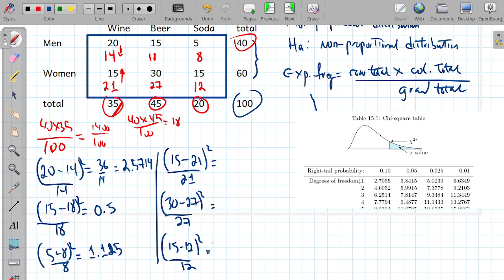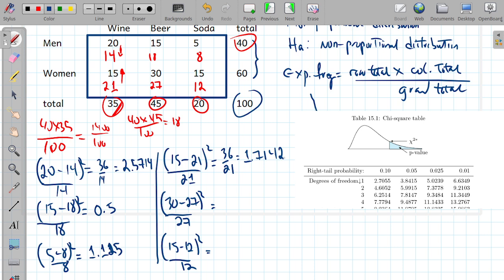So the difference there is 6. It's 36 over 21. And that's going to be 1 and some change, but I'm not going to try to do it in my head because I'll just screw it up. 21, 1.714, 2.